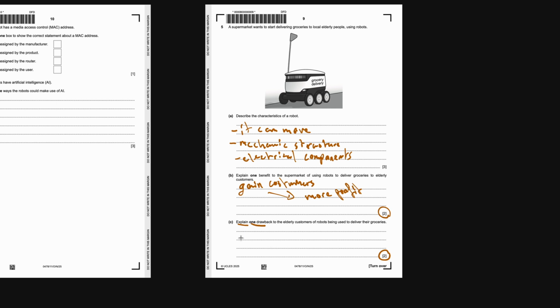For example, elderly people won't be familiar with the technology, right? And that would lead to stress, for example, for the elderly people. So any normal reason for a drawback would be sufficient. However, you have to explain it to get the 2nd mark. That's for part B and C.